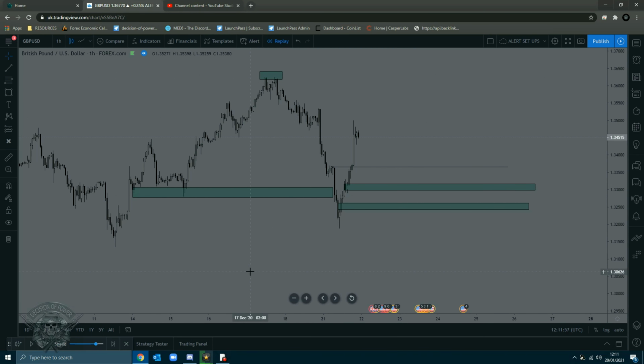Like I said, I'll be doing a target identification video later on down the line, or a series, as a way to help you identify where you can potentially get out of the market. So, equal lows 1, run through 2, rejection 3, break of structure 4.